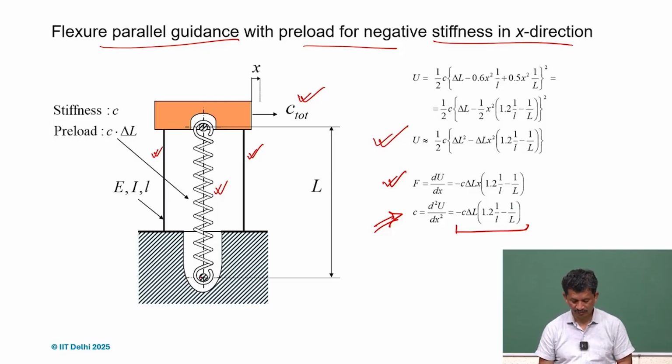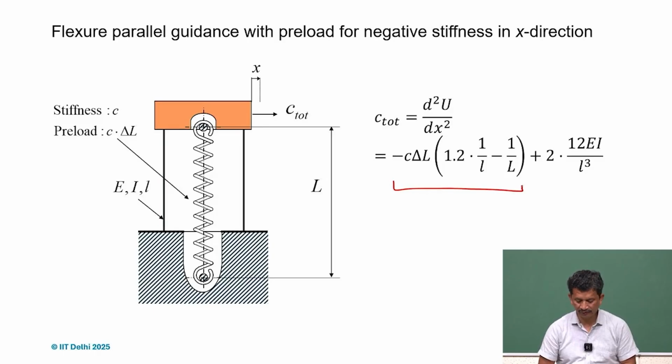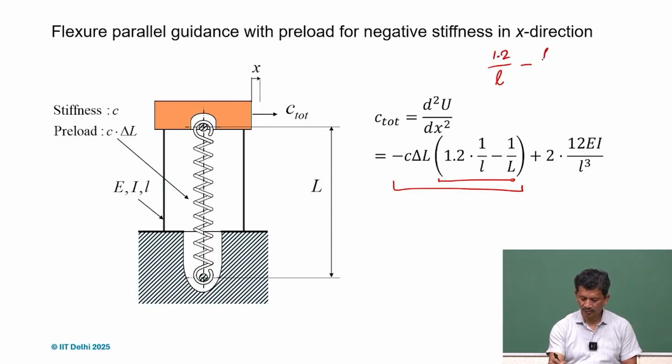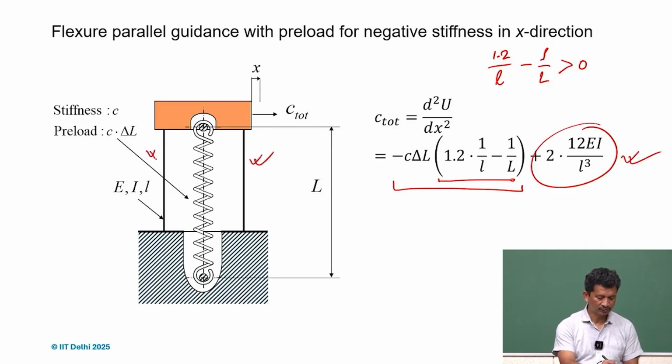And so what we realize, this part, the negative stiffness behavior, we will get only if the value in the bracket is positive, because the negative we have already taken out. So 1.2 divided by l minus 1 by capital L has to be greater than 0. And of course this is the positive part, which is because of these two flexures.